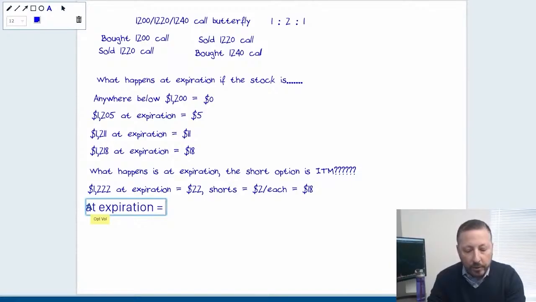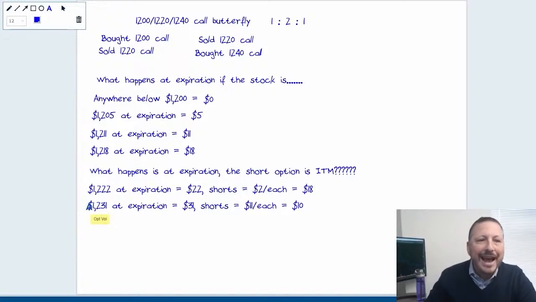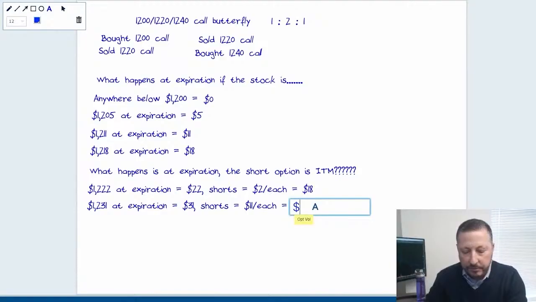At 1231, the long option would be 31. The shorts would be 11 each. So that equals $9, not $10. That equals $9. 31 on the long, each short worth 11. 31 minus 22 is worth $9.